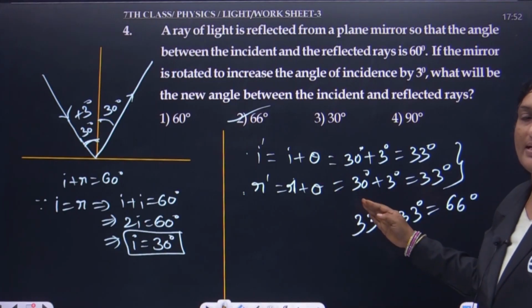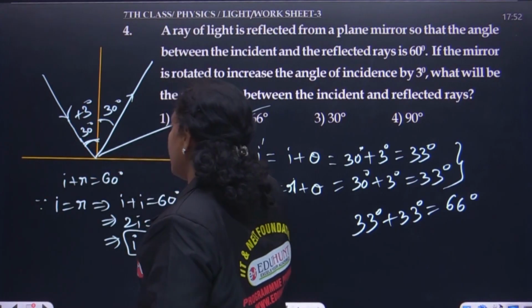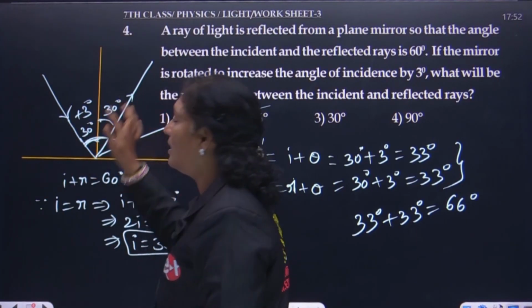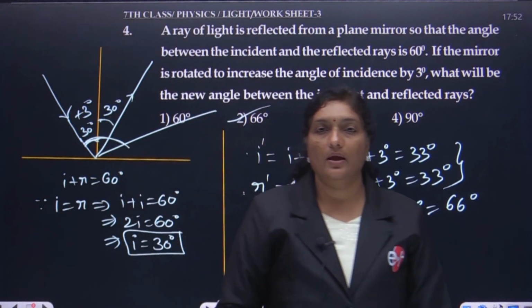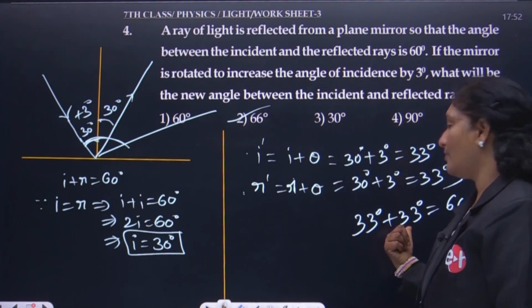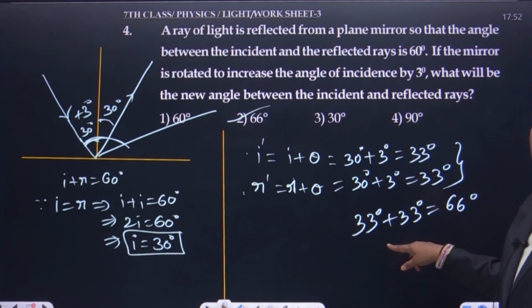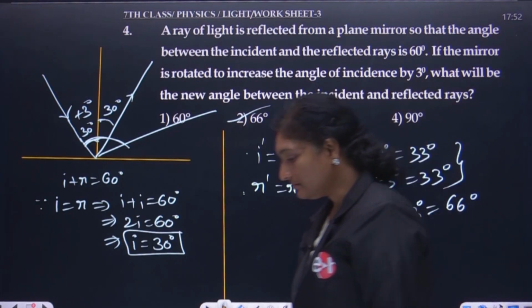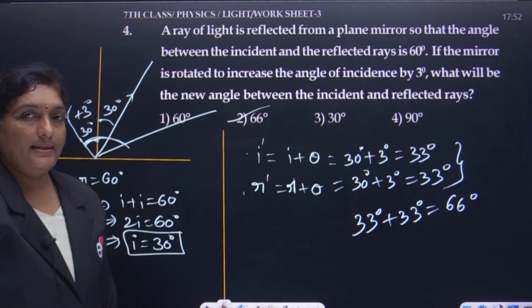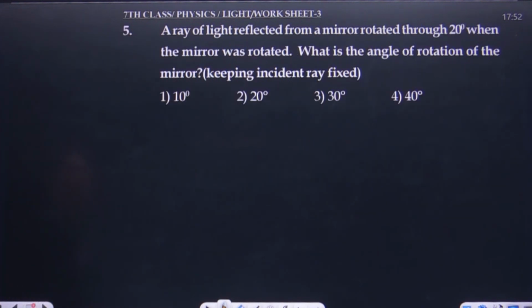The new angle between the incident ray and the new reflected ray overall is, how much is that, children? 2i plus 2 theta, which is 2 times 30 plus 2 times 3, that is 60 plus 6, found to be 66 degrees. Okay, is it clear? Then let us move to the next one, question number 5.